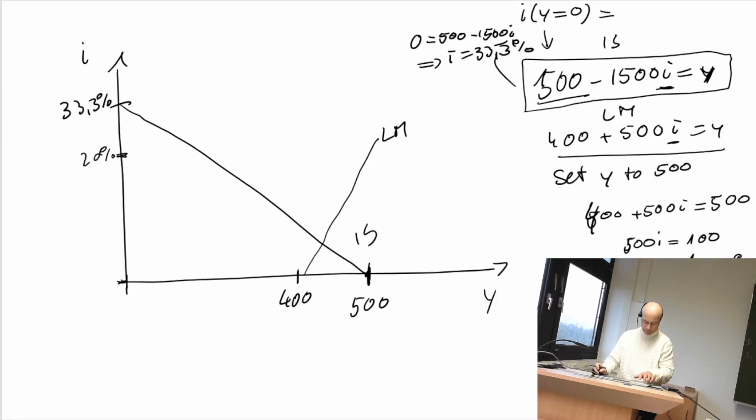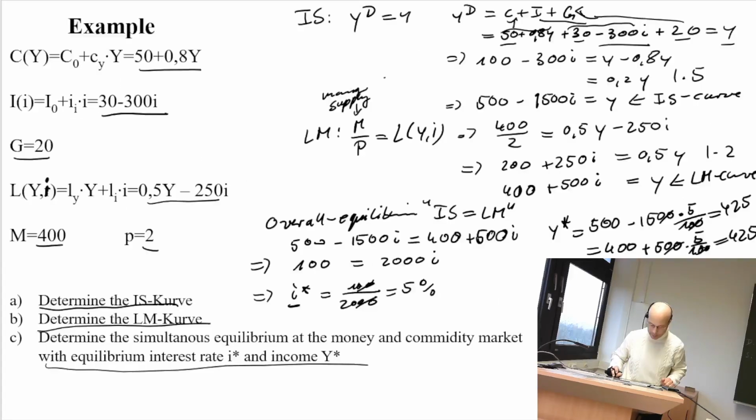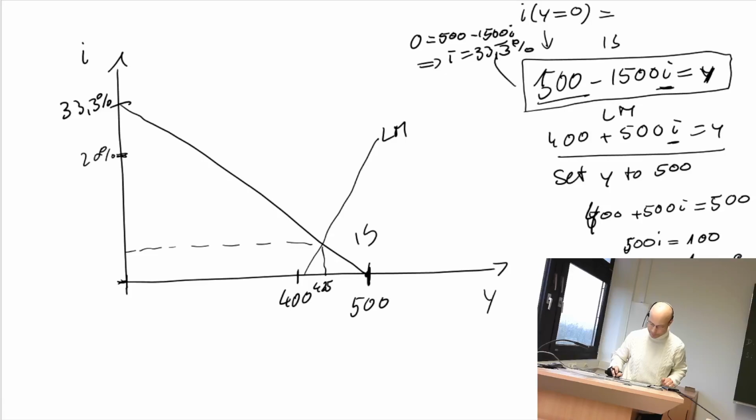Okay, this is just an example for our overall equilibrium. So this was our 425, and this was 5%, I think.